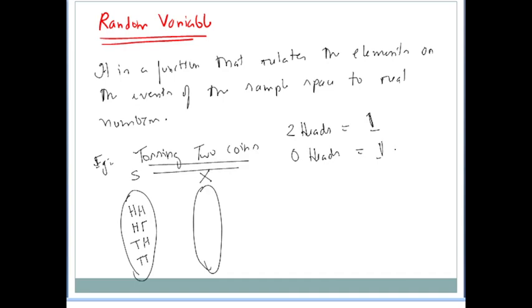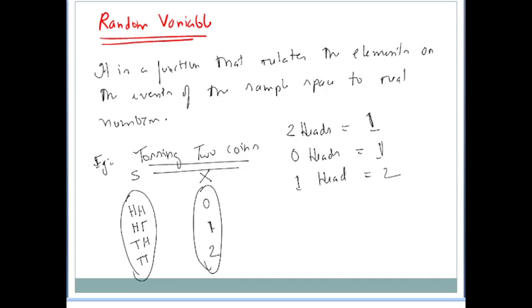Zero heads is also obtained once. Then one head is obtained twice. So let's write here zero head, one head, two head.